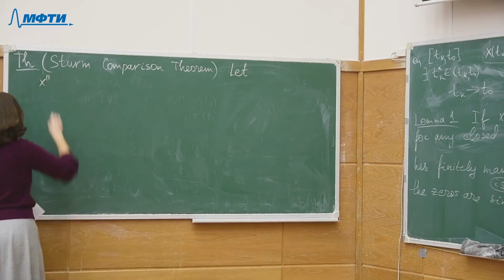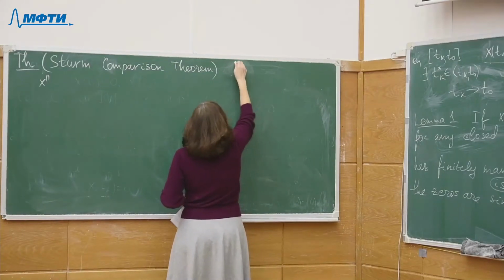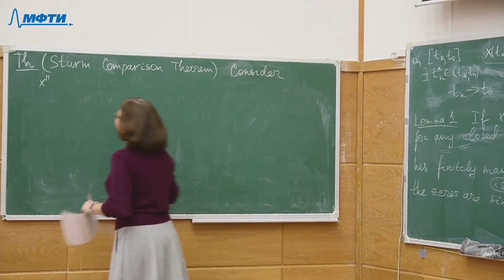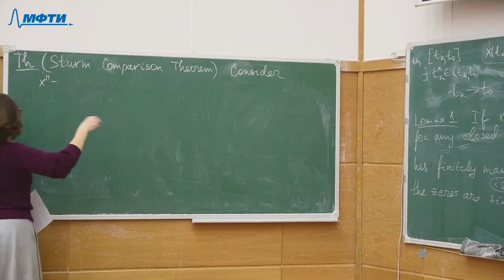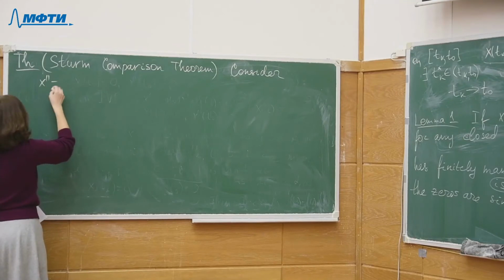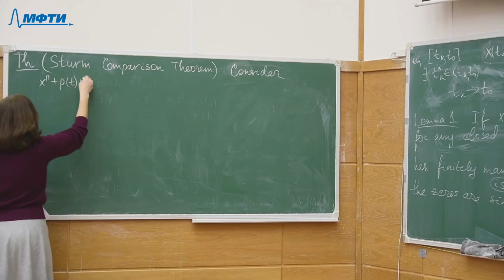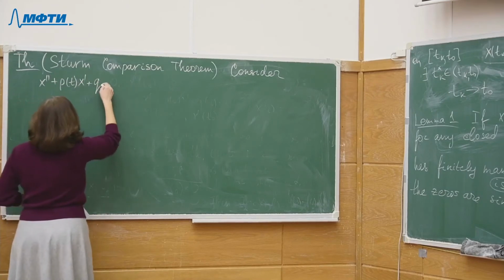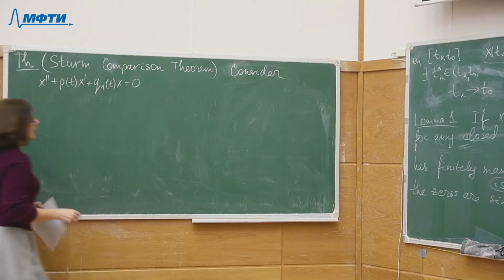So we consider two equations of the form 1. x double prime plus p of t x prime plus q1 of t x equals 0. This is the first equation.